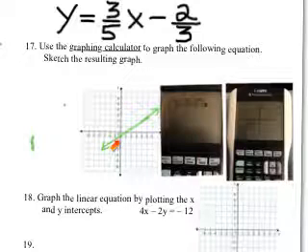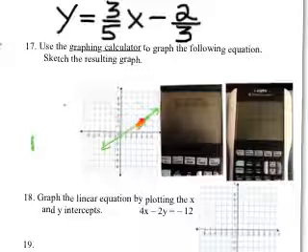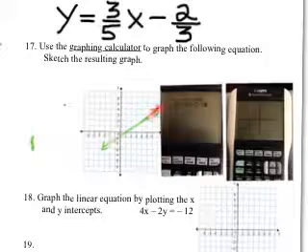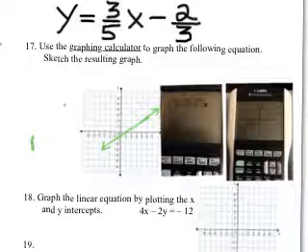The one on the graphing calculator does go below the origin, because that's where the y-intercept is. It's right there at negative 2/3. And if you count up 3 from there, 1, 2, 3, and then you go over 5, you'd get to about there. So you want your line to cross where mine does. It doesn't have to be perfect because you're trying to copy from the graphing calculator.